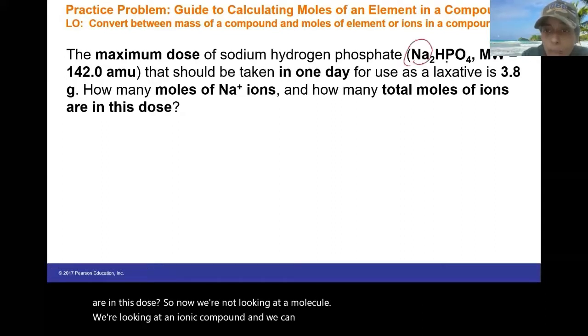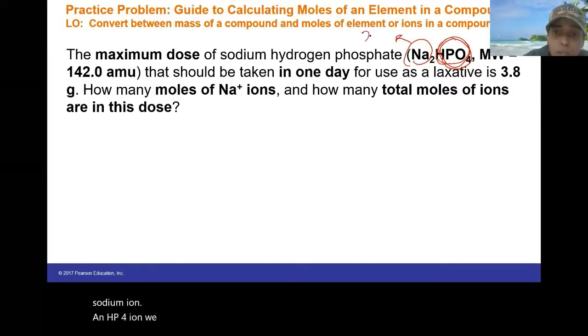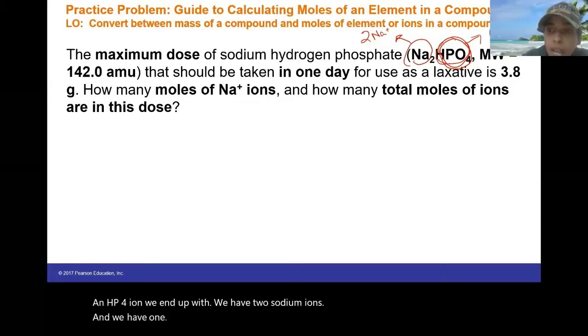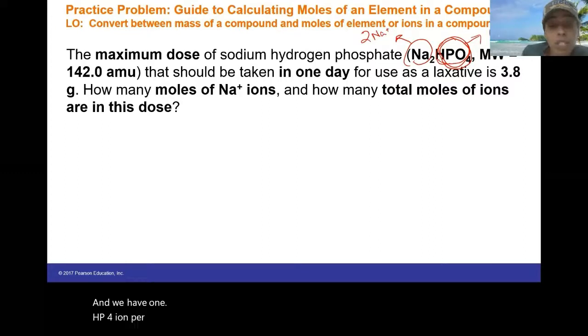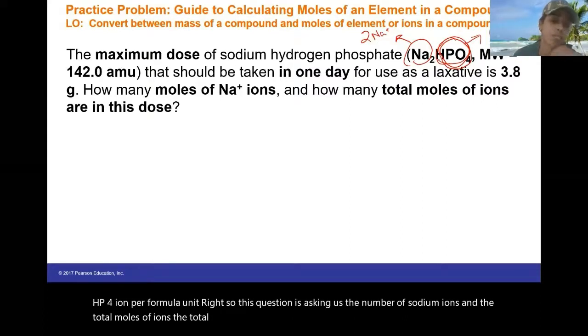We've got the sodium ion and the HPO4 ion. We have 2 sodium ions and 1 HPO4 ion per formula unit, right? So this is 2 separate questions: the moles of sodium ions and the total moles of ions.